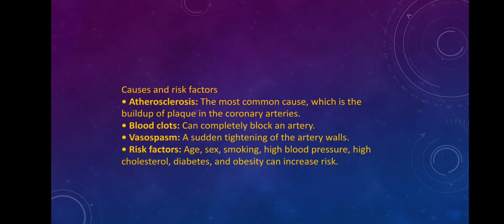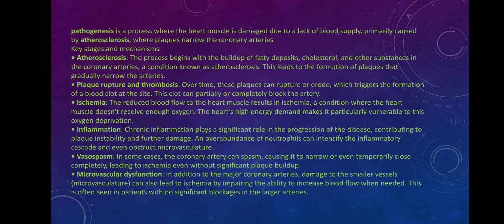Okay, could you understand? These are the risk factors to produce ischemic heart disease: atherosclerosis, blood clot, vasospasm, and other risk factors such as age, sex, smoking, high blood pressure, high cholesterol, diabetes and obesity.